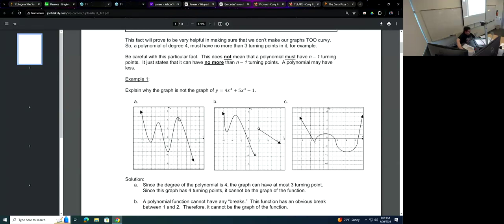So this has got to be 5th degree or higher. This one has a gap. It's got a break in the line, so it's not continuous. It can't be a polynomial. And this one's got a little corner. It's got a cusp. And polynomials don't have cusps. Polynomials are just like nice rolling hills. So all of those can be eliminated immediately. Nope, that's not it. That's a lot to sketch out though, so let's just show you that.